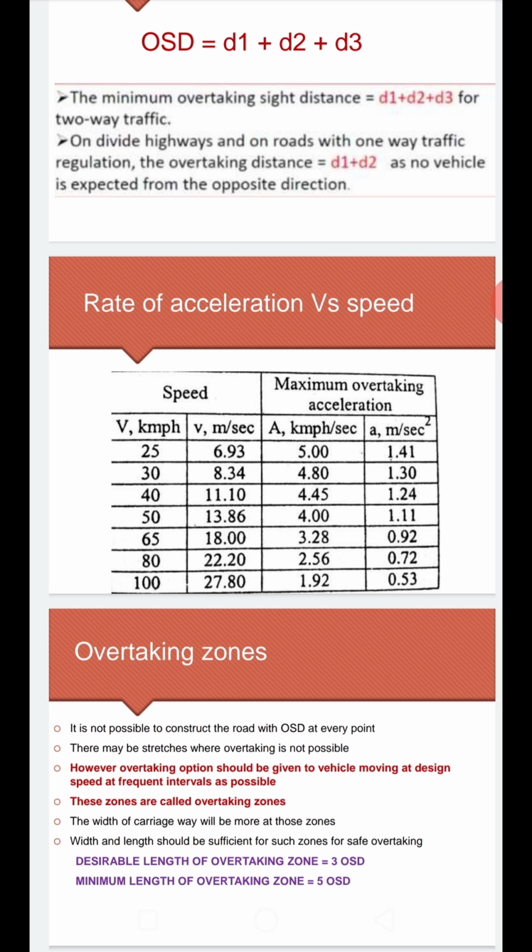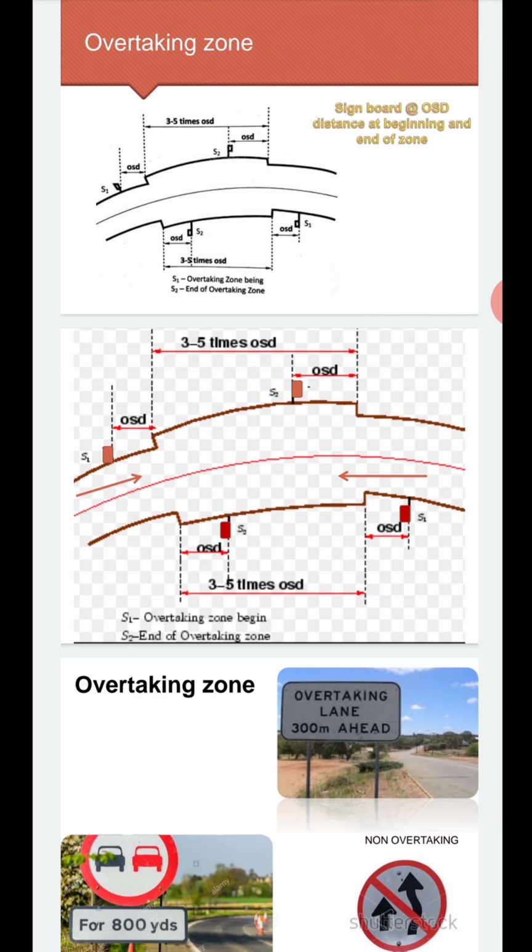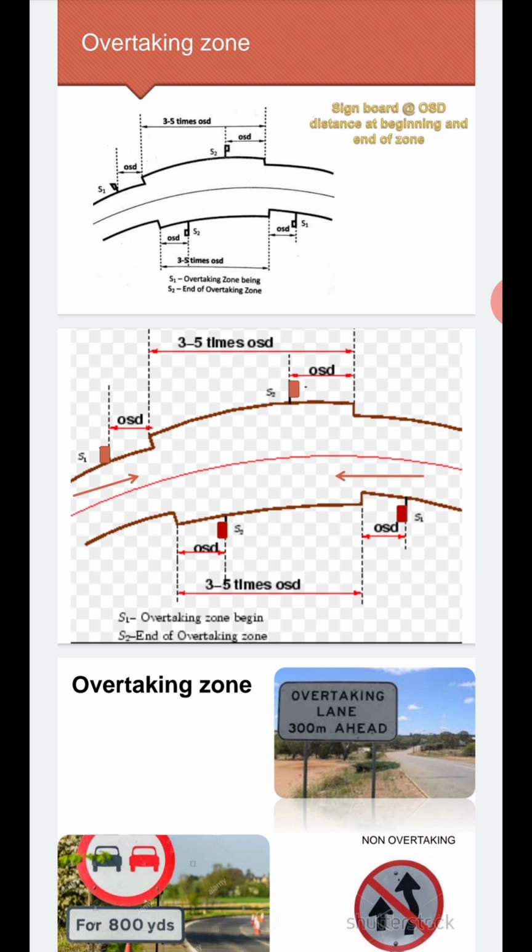Next is the overtaking zone. It is not possible to provide OSD for the entire stretch. Some stretches you might have observed, especially in ghat sections, they mention that the overtaking zone starts and ends. The minimum is 3 times the OSD, and desirable is 5 times the OSD. This is a simple diagram which we need to draw.